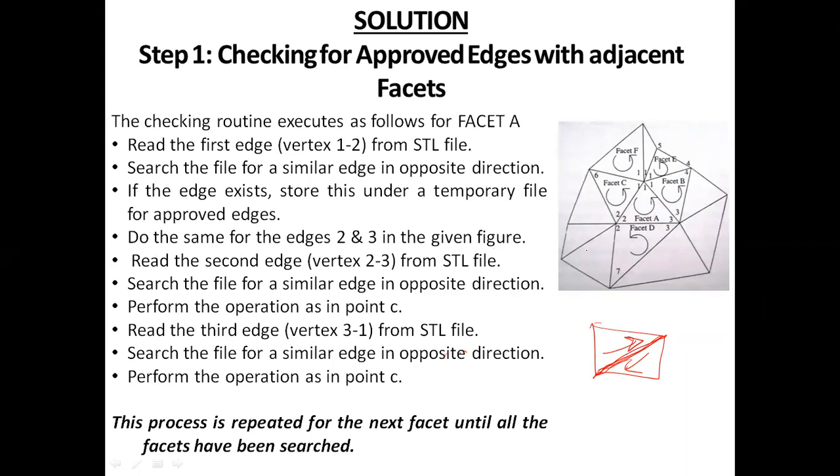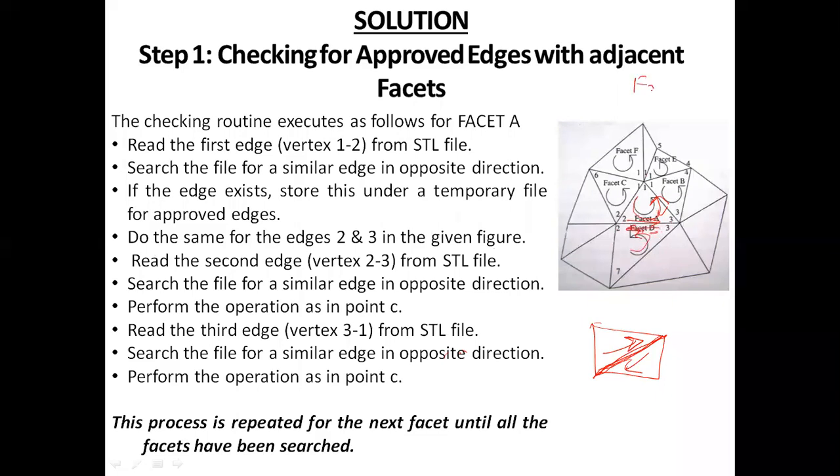So let us start from facet A. Facet A has an edge from 2 to 3. This edge 2 to 3 is shared with facet D. When I check facet D, I observe the orientability is the opposite, from 3 to 2.